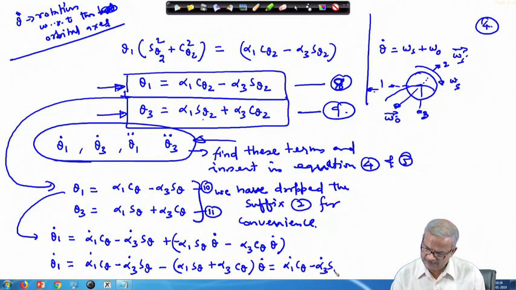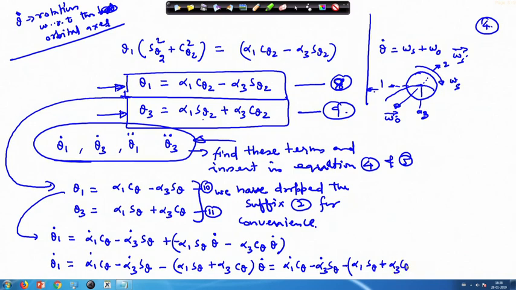Alpha 3 dot s theta minus alpha 1 s theta plus alpha 3 c theta, and theta dot is on this side, whatever the value we have. So, we need to put it here, this is theta dot. Okay, so the same term; this is not required here.